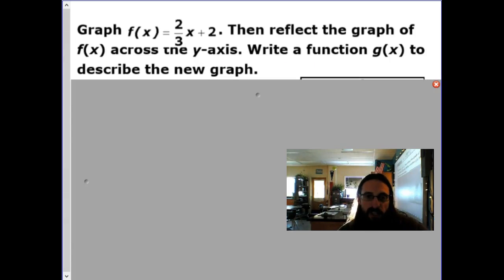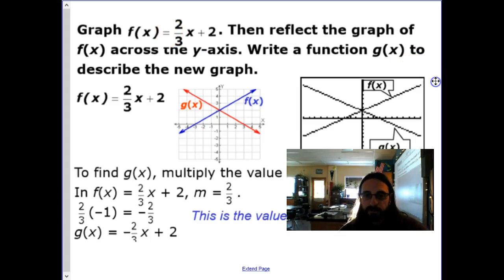And so let's see what that one looks like. All right, I've got 2/3 x plus 2. It's reflected over the y-axis, which means it is now -2/3 x plus 2. Right? It becomes -2/3 x plus 2, and all those points flip.